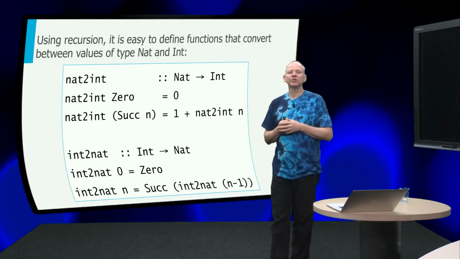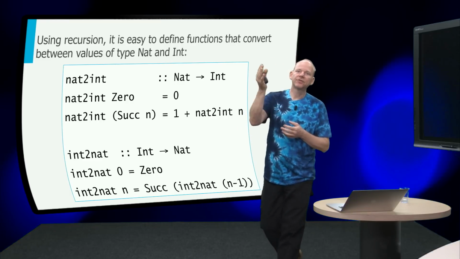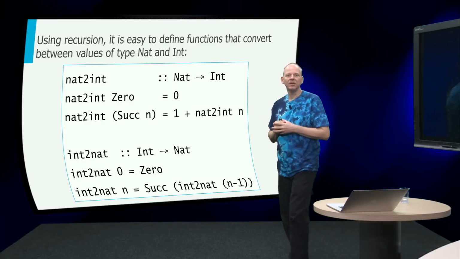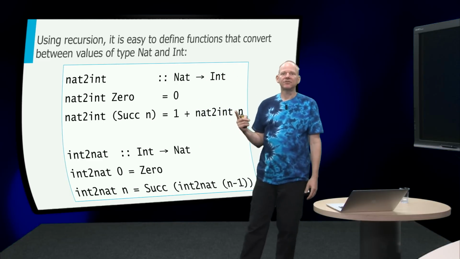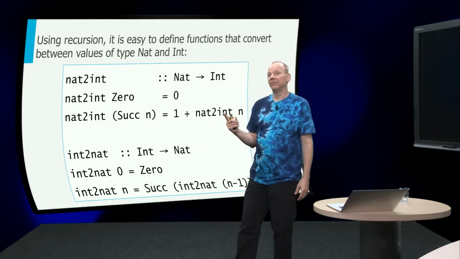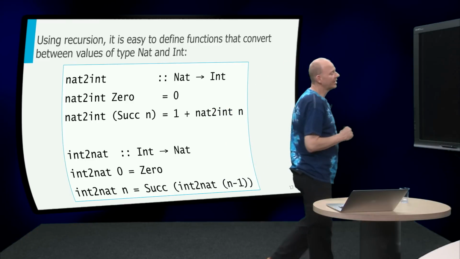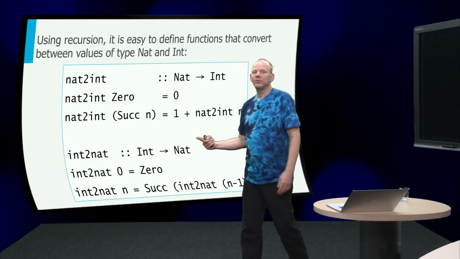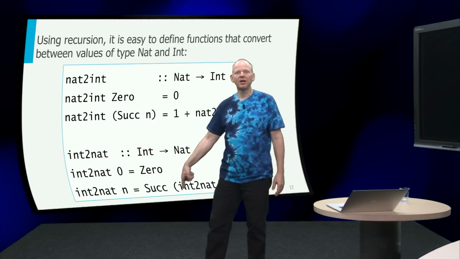For now, we're going to do it recursively. Here is a function that goes from Nat to Int. natToInt of 0 is 0, and natToInt of Suc n is natToInt of n plus 1. And we can go the other way around. If we get an integer, we can get a natural number. 0 becomes 0.